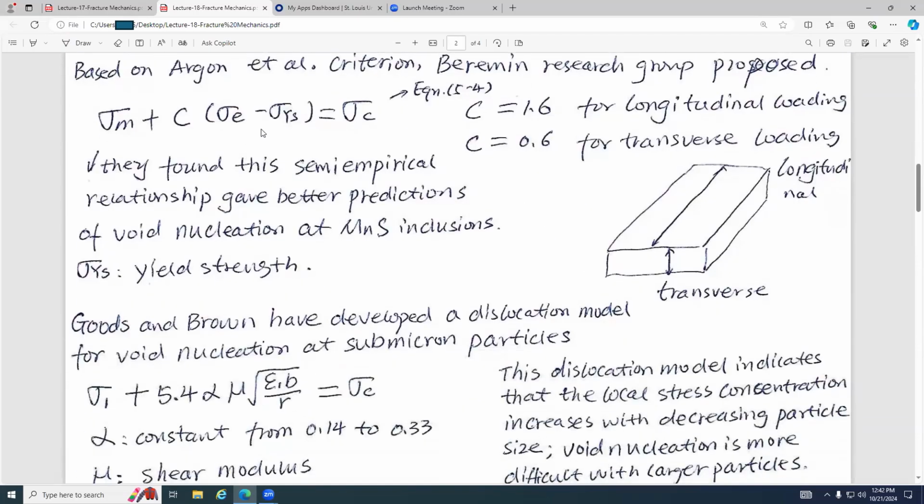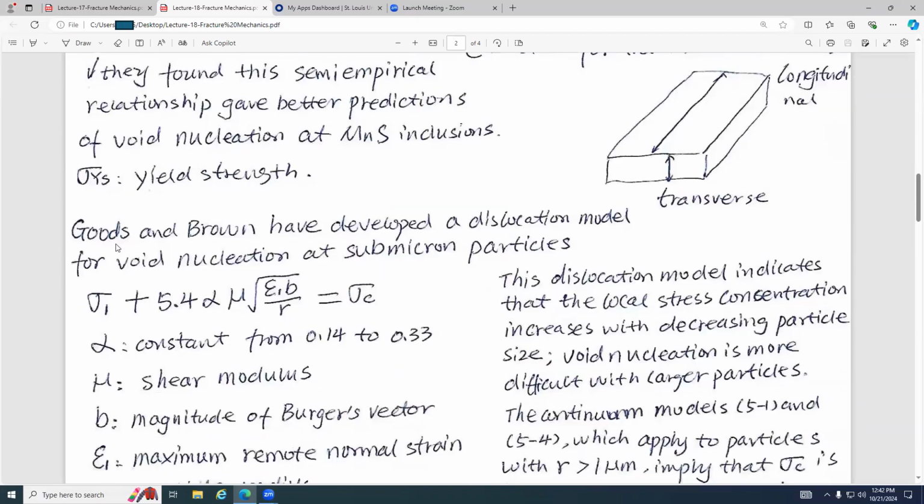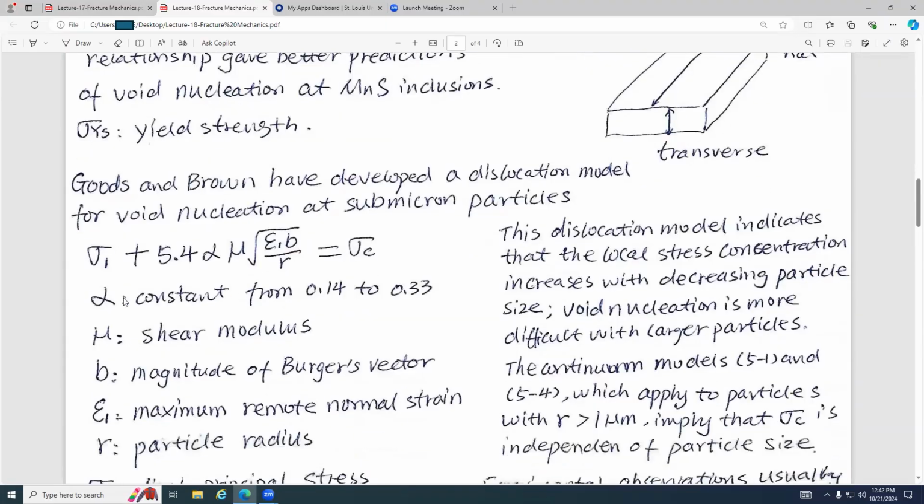So this is the second model. There is another model by Professor Goods and Brown, who developed a dislocation model for void nucleation at submicron particles. They use this one. Sigma 1, as I said, whenever we see sigma with a single subscript, it is a principal stress.